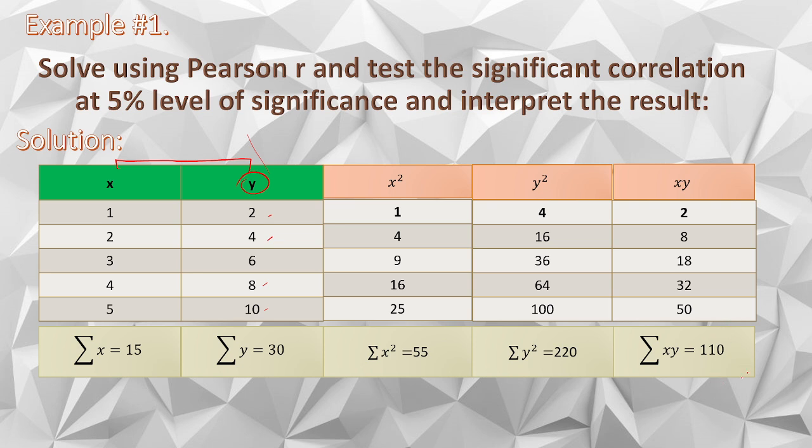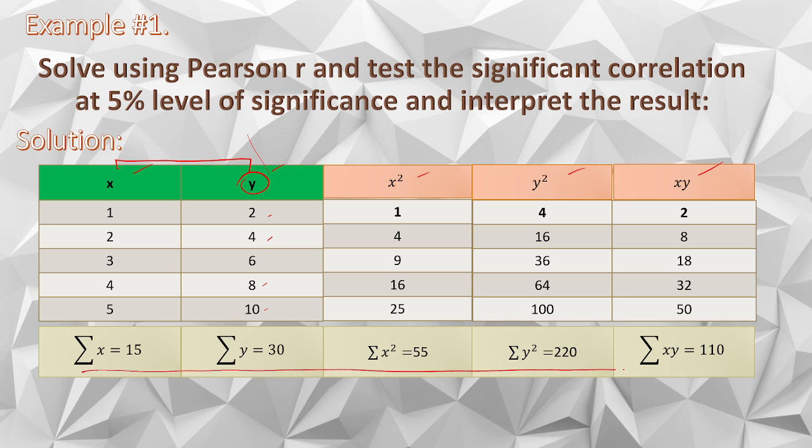Okay, ito yung magiging values natin. Tatandaan nyo ha, kapag may mali dito sa given data nyo, x, y, x squared, y squared, x and y, mali na agad yung summation natin.